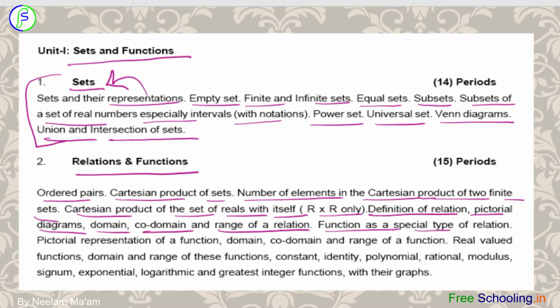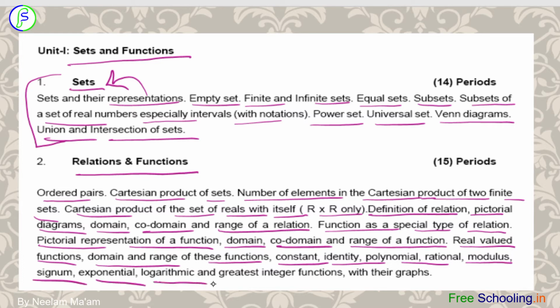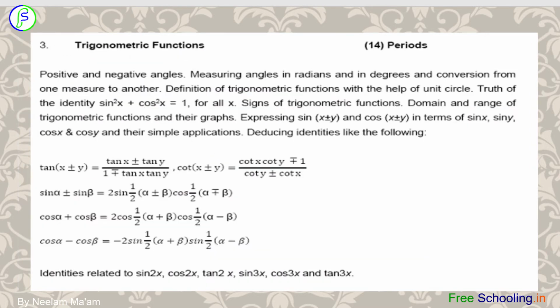The function as a special type of relation, pictorial representation of a function, domain, codomain, and range of a function. Real valued function, domain and range of these functions, and constant, identity, polynomial, rational, modulus, signum, exponential, logarithmic, and greatest integer functions with their graphs. So these are the topics you are definitely covering in the chapter relations and functions.